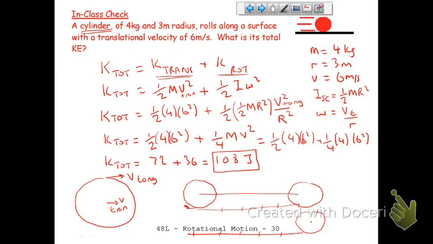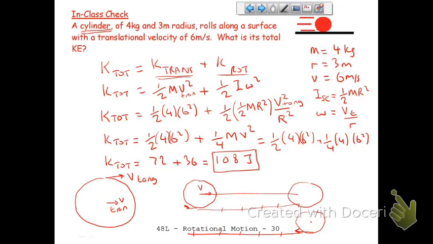I unrolled 1, 2, 3, 4, 5 sheets per second. I did that a few times, and that convinced me that my translational velocity is the same as my tangential velocity.